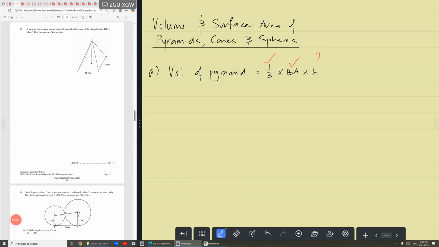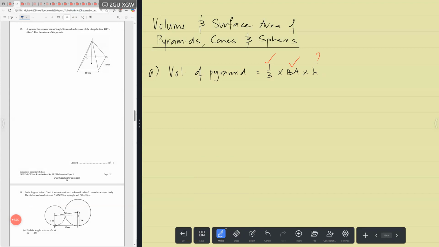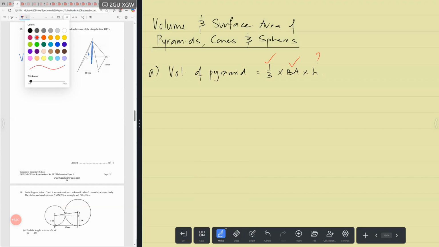Let's go back to this question here. Look at my pen in blue here. The height is basically this blue color line. This is h. We do not have this value, but what they give us is the surface area of VBC. VBC is equal to 43 square centimeters. Let's follow my red color line.